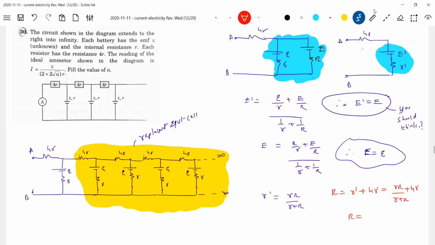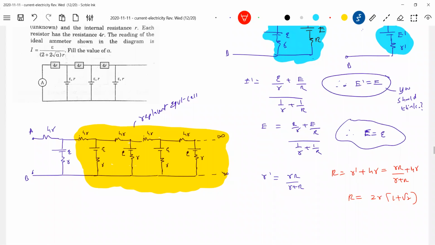Anybody value? 2R into 1 plus root 2. 2R into, no. What shall I do? Okay, finally I got it. What is the question? Now I'm going to connect this one. So for this ammeter, everything I should replace with an equivalent.